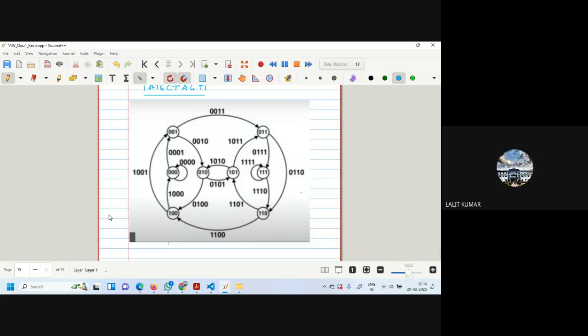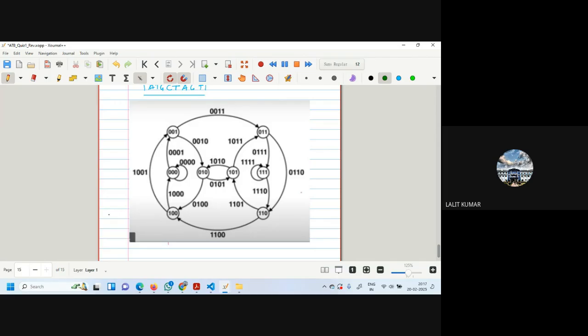Now if we do it without Euler's theorem, then it is very difficult to find a path. What do we do? We pick up any node, for example 0, 0, 1. First of all, we check that all the nodes have an even number of outgoing and incoming edges.